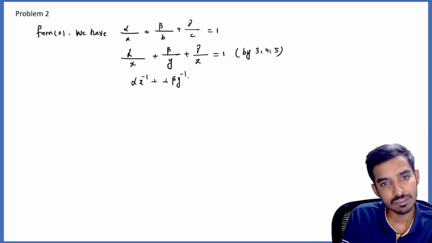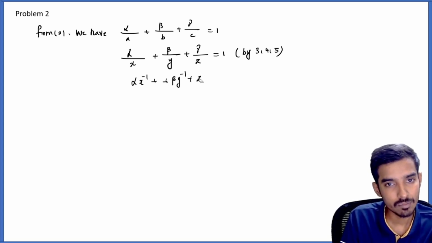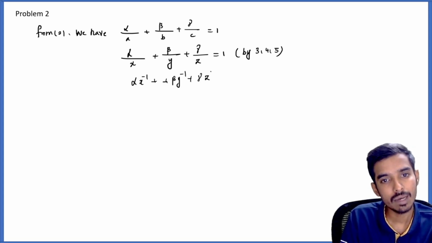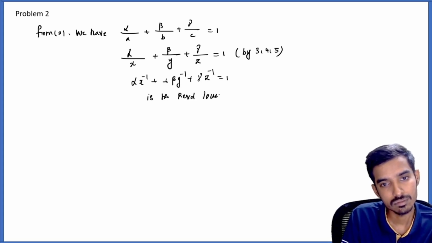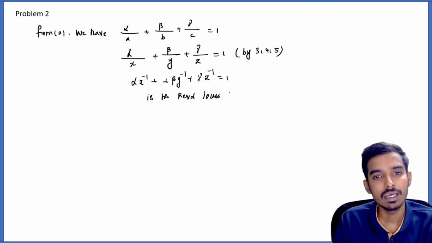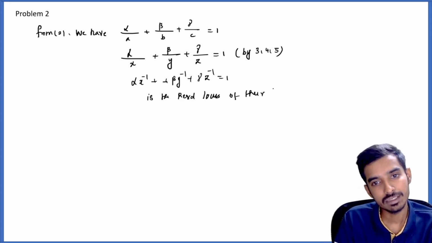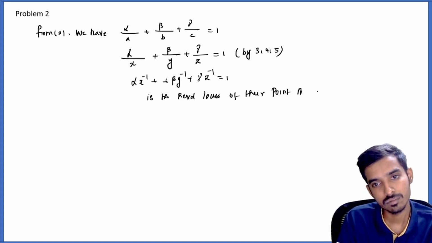So we have alpha x power minus 1 plus beta y power minus 1 plus gamma z power minus 1 is equal to 1, the required locus of their point of intersection. That's it, right?